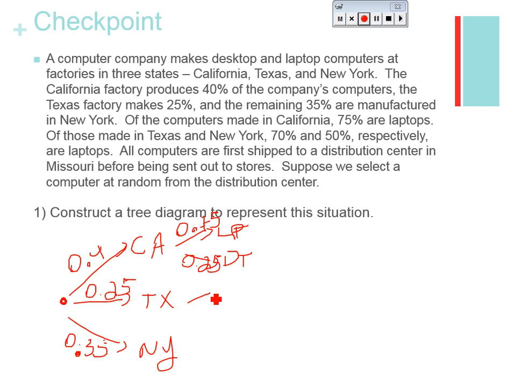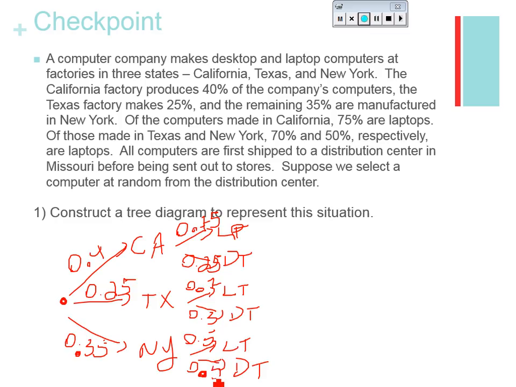Then for Texas, the probability that a laptop was made in Texas is 0.7, which means the probability that a desktop was made in Texas is 0.3. And then for New York, the probability that a laptop was made in New York is 0.5, which means the probability that a desktop was made in New York is also 0.5.